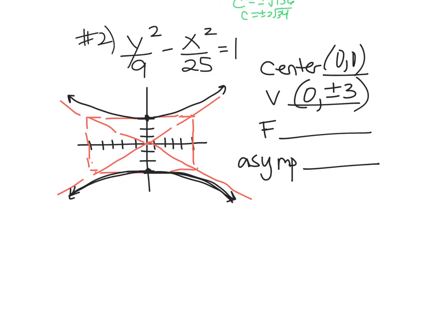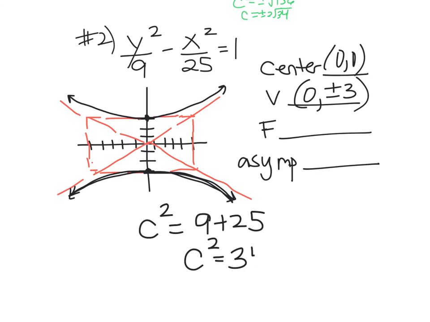Okay, so c squared equals, now I'm doing the foci. The foci always goes with the foci equation. C squared equals, and it doesn't matter which one's first because it's plus. So c squared equals 34. So then c would equal plus or minus rad 34. I don't believe there's a perfect square in 34. Nope, there isn't.